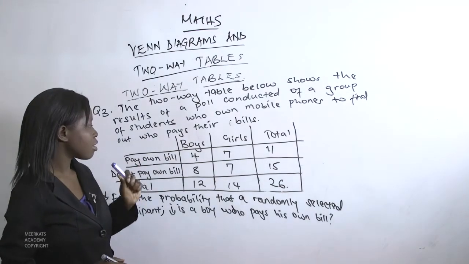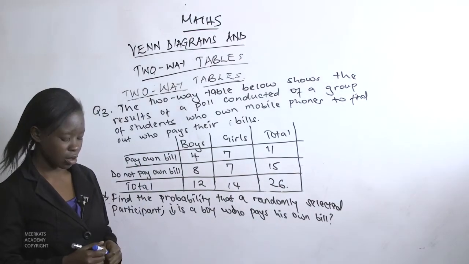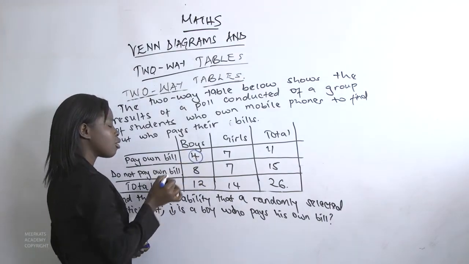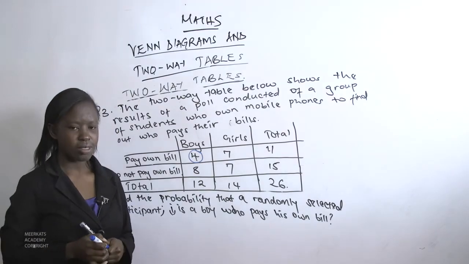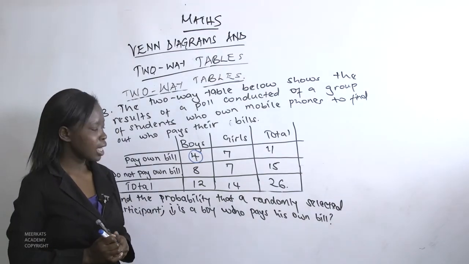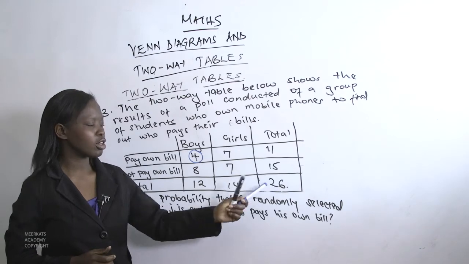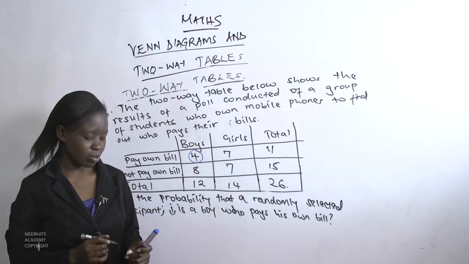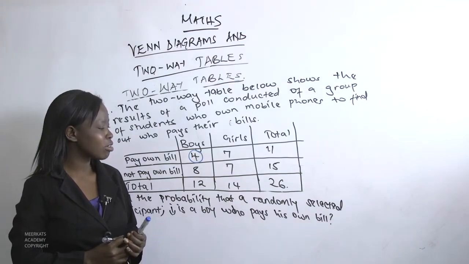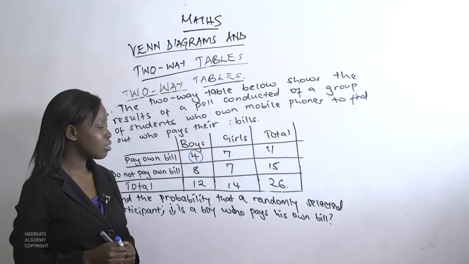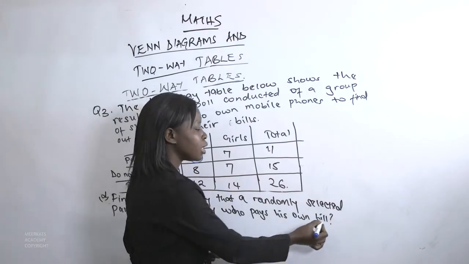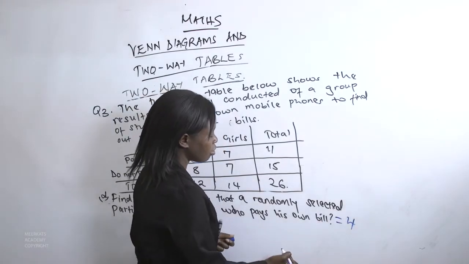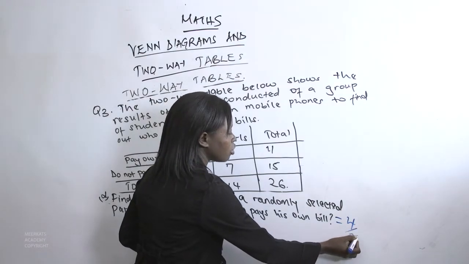So in this case, we find out from this column of boys, we find that we have 4 boys who pay their own bill, and we had a total of 26 participants in this given survey. So it means the probability that the person selected is a boy and pays his own bill will be obtained by 4 out of the total participants in the survey, which was 26.